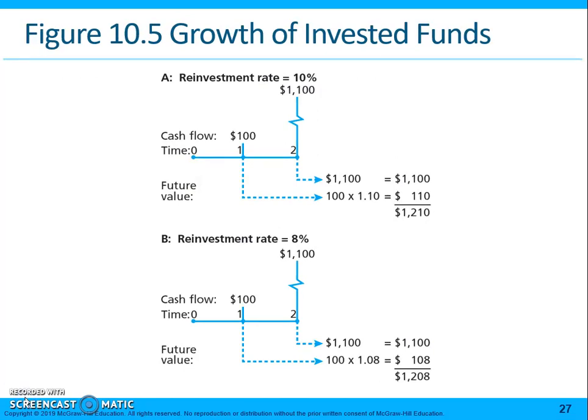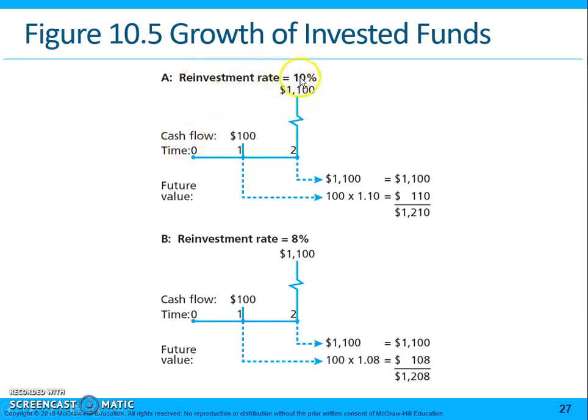Figure 10.5 is an example that shows the impact of reinvestment rate risk. We have a two year bond with a 10% coupon. Just to explain the cash flow, we're going to receive $100 at the end of year one, and then we're going to receive the face value of $1,000 plus that $100 of interest at the end of year two.